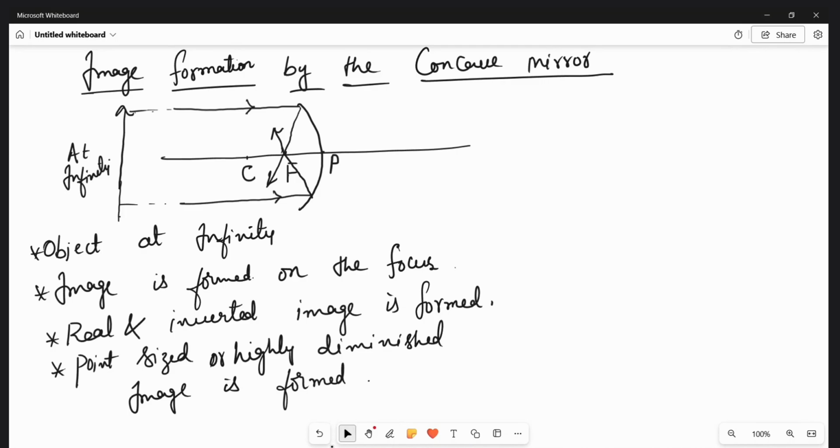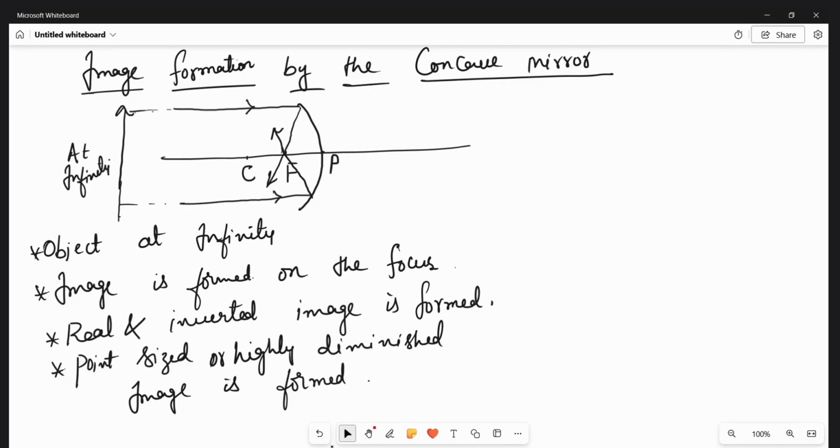So all the rays will pass through the focus, and where the rays meet after reflection, their image will be formed. So most of the rays will meet at the focus here.